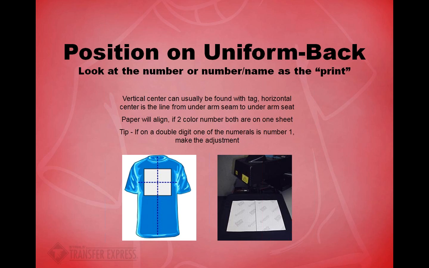When you order screen print transfer numbers from us here at Transfer Express, the numbers come on a pre-spaced piece of paper. That piece of paper is intentionally sized at a certain size, and there's a certain amount of space around each digit. So if you have a double-digit number, for example a 25, you'll simply take the 2 and the 5 and bump the pieces of paper up against each other, like you see in the photograph I'm outlining in the bottom right.